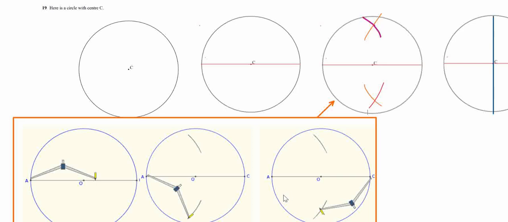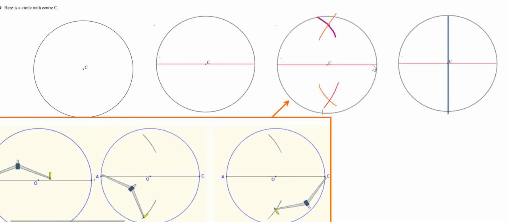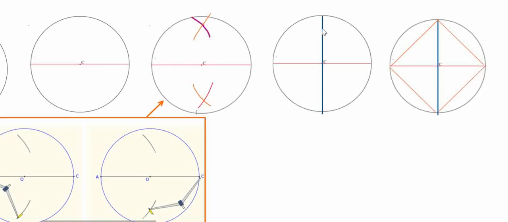And we do the same thing with point C. Put the compass needle here, and then extend the pencil up to here. So we want to make an intersection with this and here. So we got these two intersections. Then we draw the vertical line.